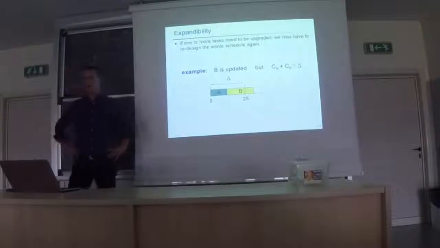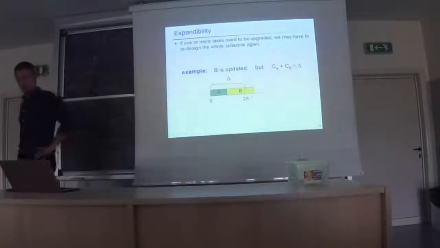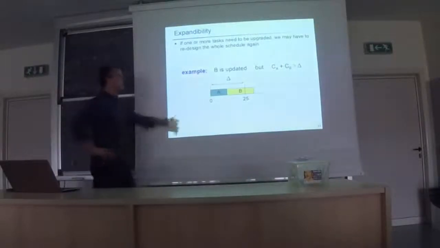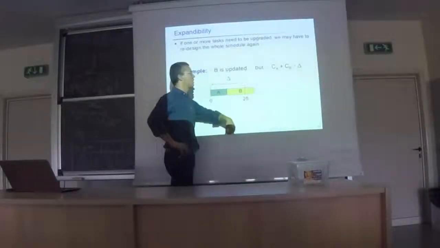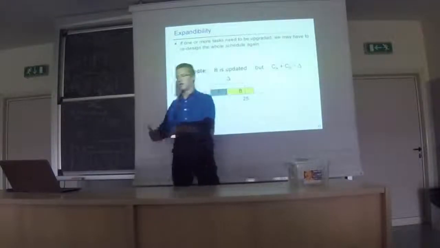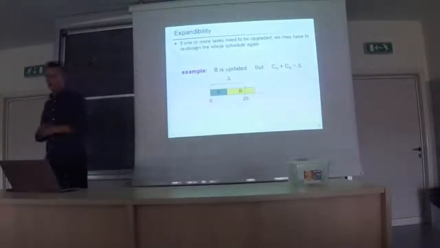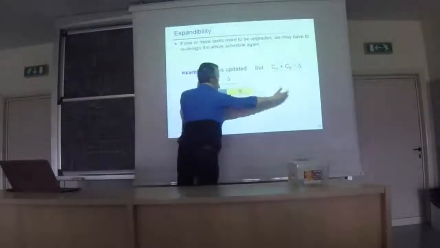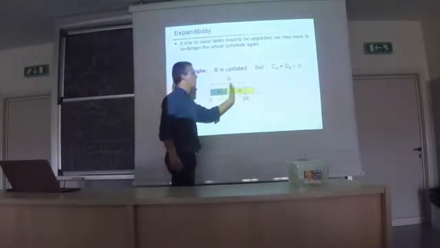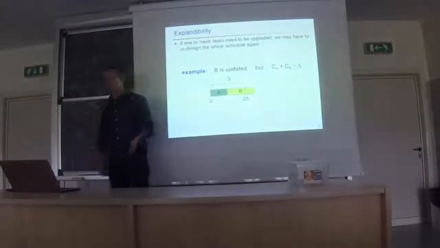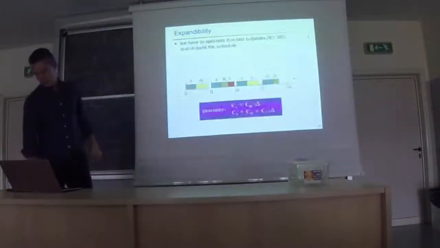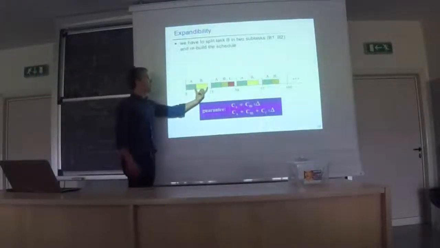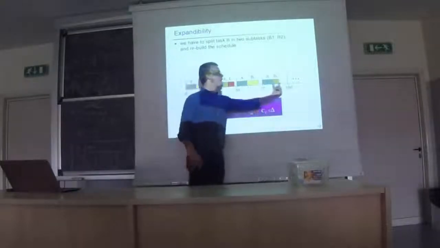What about expandability? What if B needs to execute more than what we planned before? What if B shall be increased by something so that now CA plus CB is greater than delta? This requires us to choose a bigger delta, or to split B into two boxes and have B with a different period. For instance, this is an option. Now we have a B1 and a B2, a B1 and a B2.